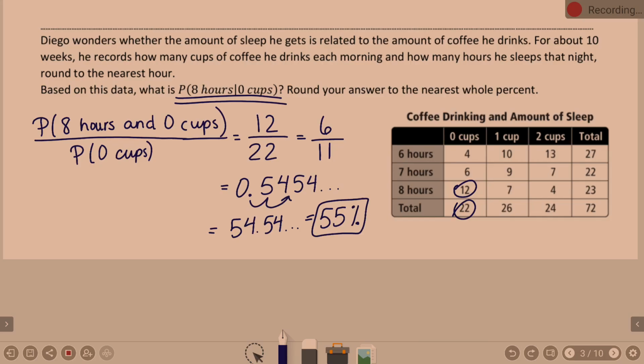So 55% of the time, Diego was able to get 8 hours of sleep, given he drank no coffee. I don't think coffee correlates to sleep, though. It does for some people. I think if you drink it in the morning, then it's fine. But if you drink it later on at night, then it correlates to sleep.